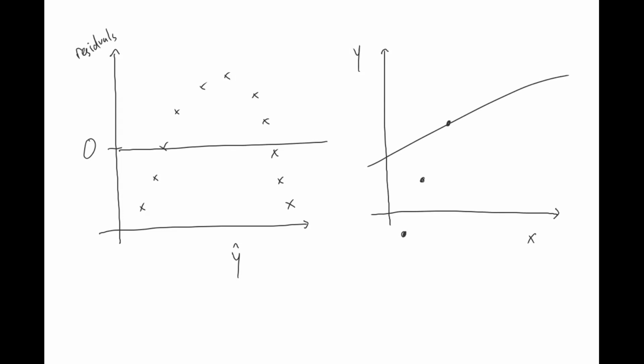So smaller error, bigger error, even bigger error, and then coming back down. Something like this, right? So in this particular case, it just so happens that the shape looks the same as the distribution of the errors.